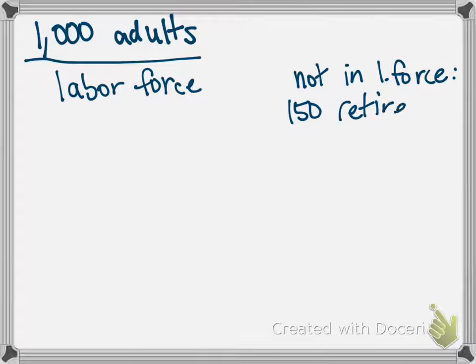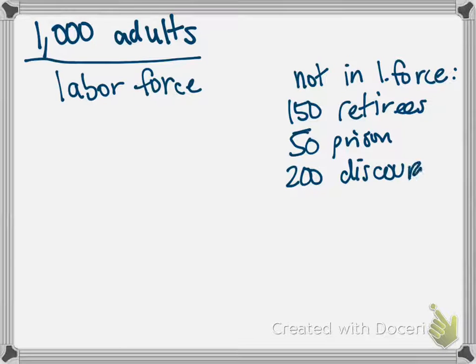Those individuals are not in the labor force. There were 50 prisoners, so in prison, not in the labor force. There were 200 discouraged workers. I know it's confusing because it has the word worker in the title, but remember, these are people that have given up. They're no longer looking for work, and therefore they're not part of the labor force. So these groups are not included, and we ignore them for our calculations.